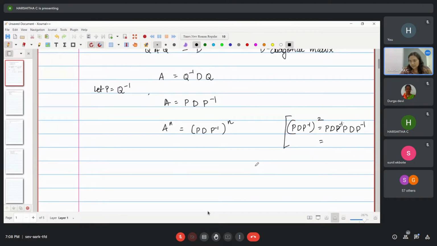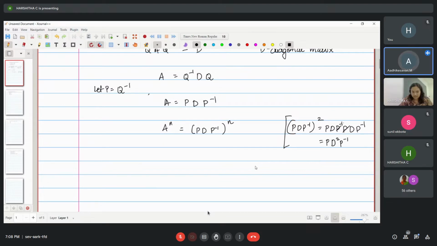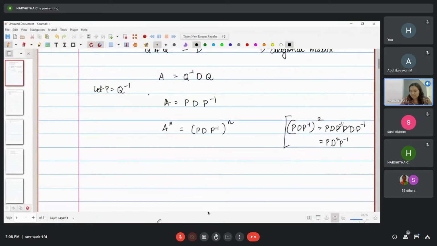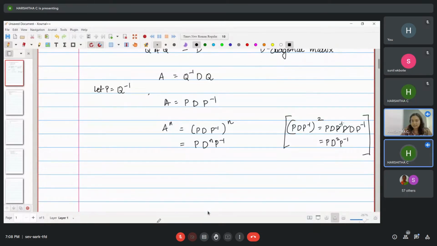The P inverse P gets cancelled, and this becomes P D square P inverse. In general, if it is power n, this will become P D power n P inverse. So once you know this invertible matrix P which makes A into D, computing any power of A becomes very easy.